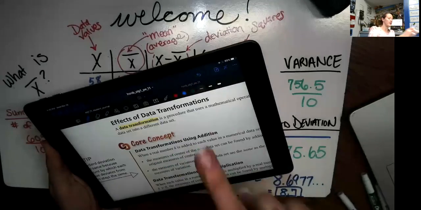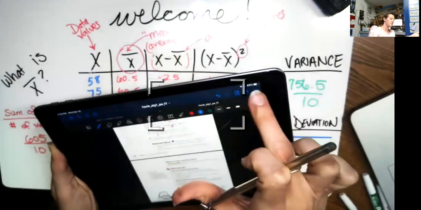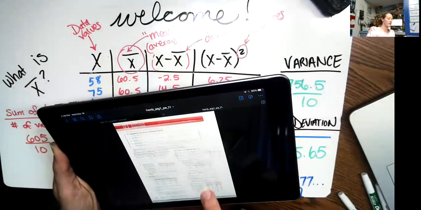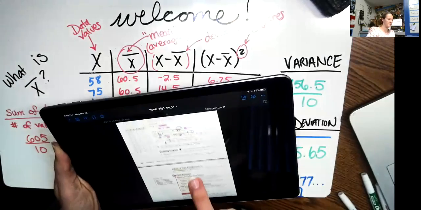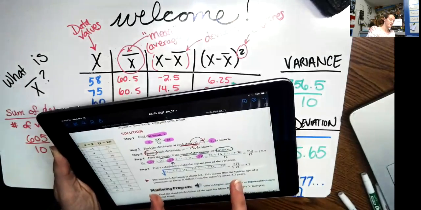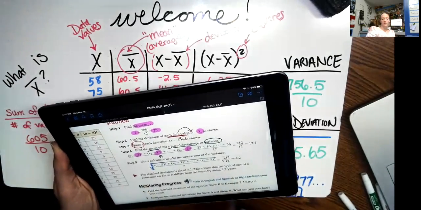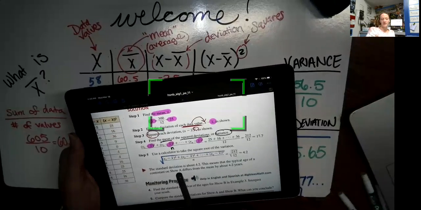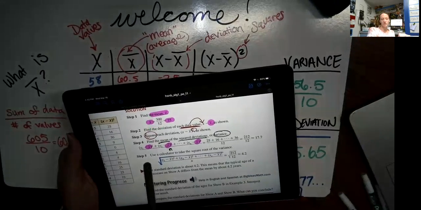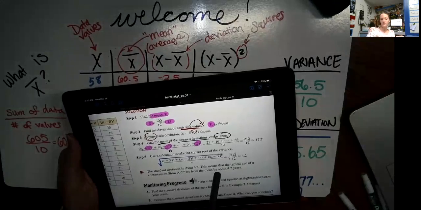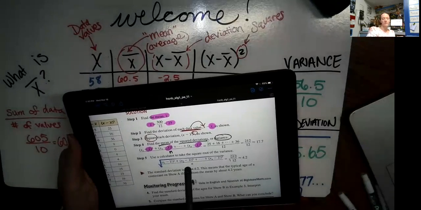But let's check out the example in the book, and they did all the work for us, showing the basic idea of what was going on. They were explaining that the standard deviation for the ages of the people on the cooking show is about 4.2.